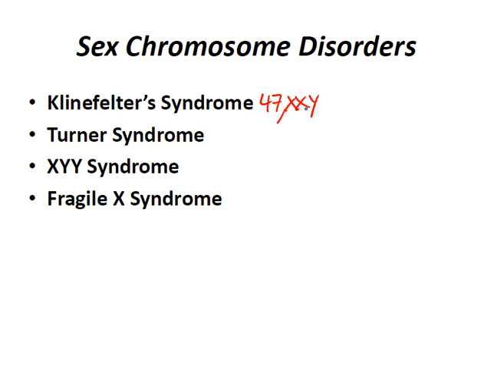And it's the most common cause of hypogonadism and infertility. The cause is meiotic non-disjunction.